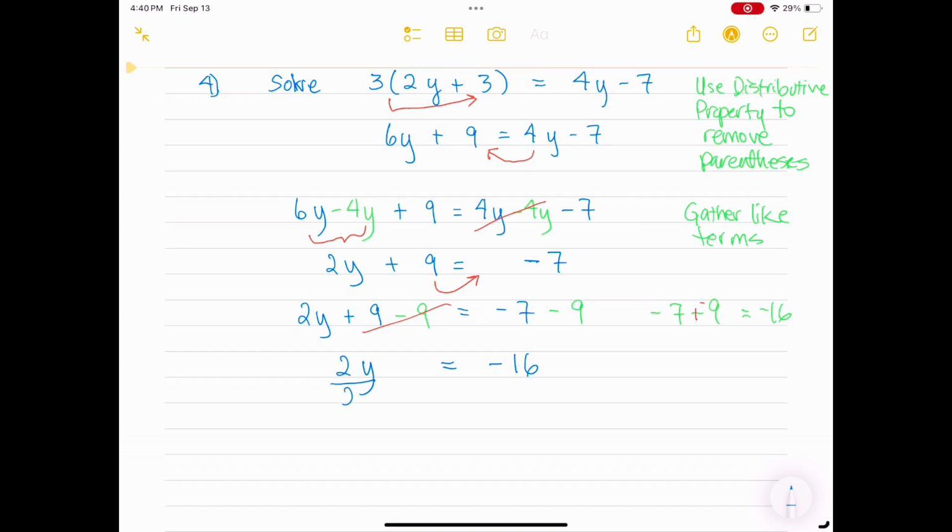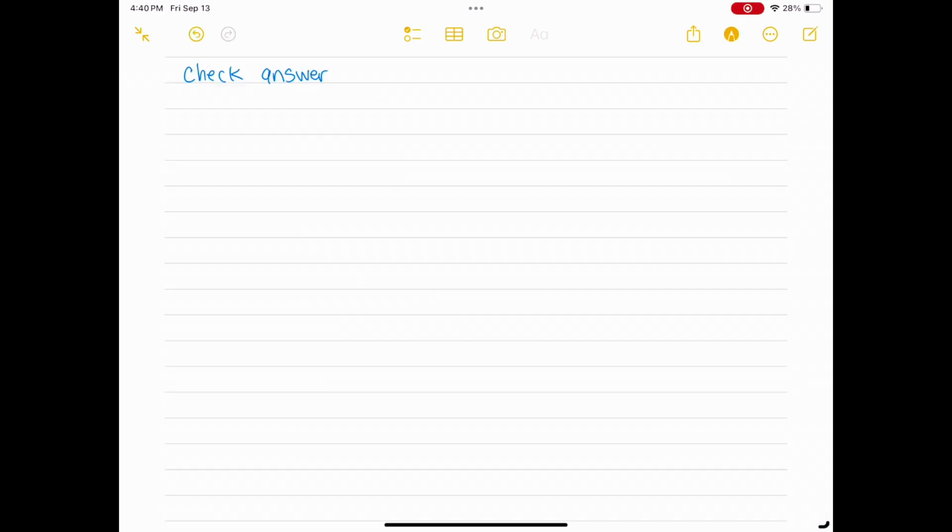Now we solve for y by dividing both sides of the equation by 2, which leaves us with y equals negative 8. And now we check our answer. Does y equals negative 8 satisfy our original equation, which was 3, open parentheses, 2y plus 3, close parenthesis, equals 4y minus 7?